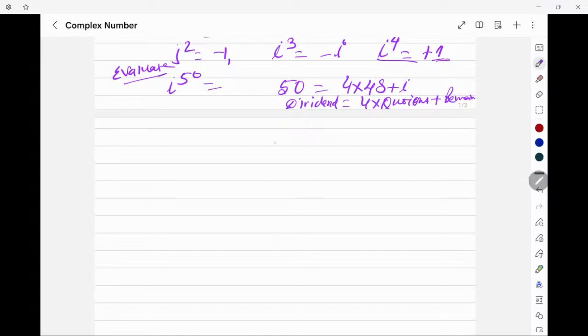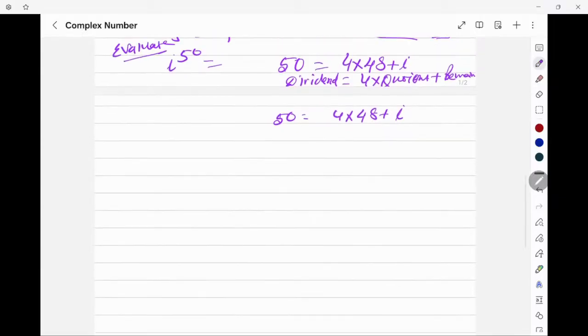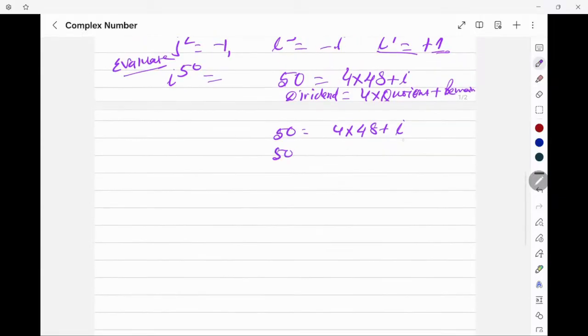So 50 is 4 times 12 plus 2. The formula is dividend a is equal to bq plus r.